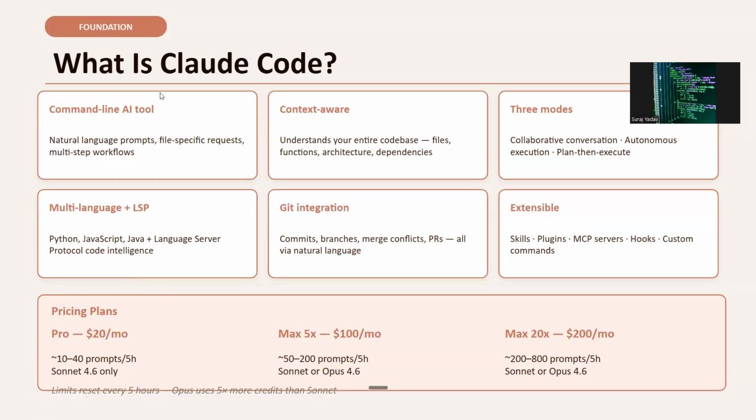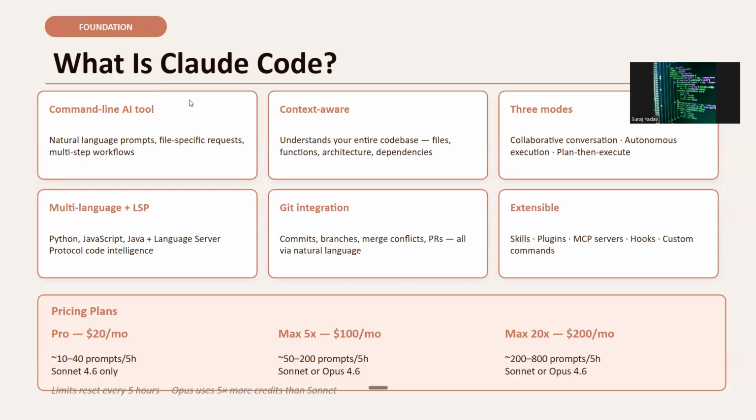So what is Claude Code? Claude Code is from the company Anthropic, a command line AI tool designed specifically for development work. You might have used ChatGPT, Grok, or Perplexity, and Claude Code is specific for development work.